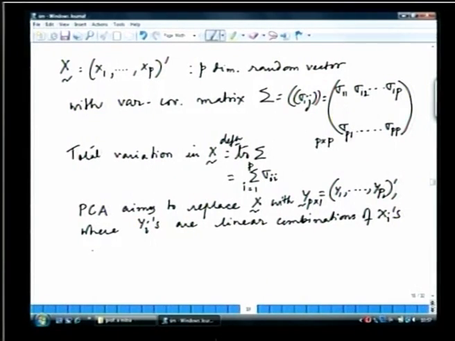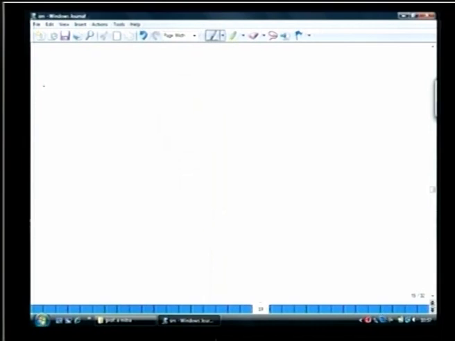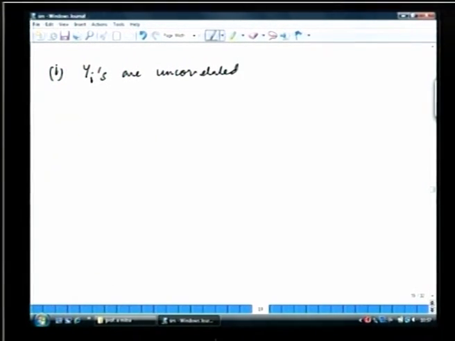We must satisfy certain conditions. The first thing is I have to remember the yi's are uncorrelated. Note that we have not taken xi's to be uncorrelated, because I have never said that sigma is a diagonal matrix, just a general variance covariance matrix, which means xi's can be correlated also.